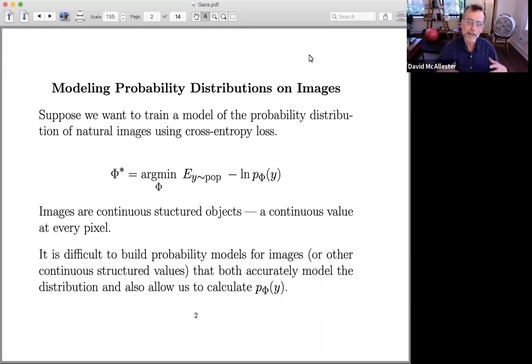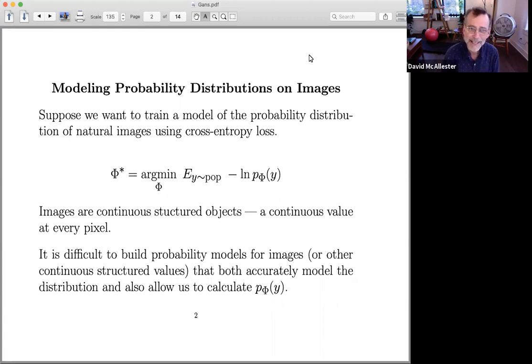And building models of the probability distribution over continuous structured objects is really challenging. A variety of reasons. And when we do variational autoencoders, VAEs, we'll see models that try to take that approach, to try to actually train on a cross-entropy loss.